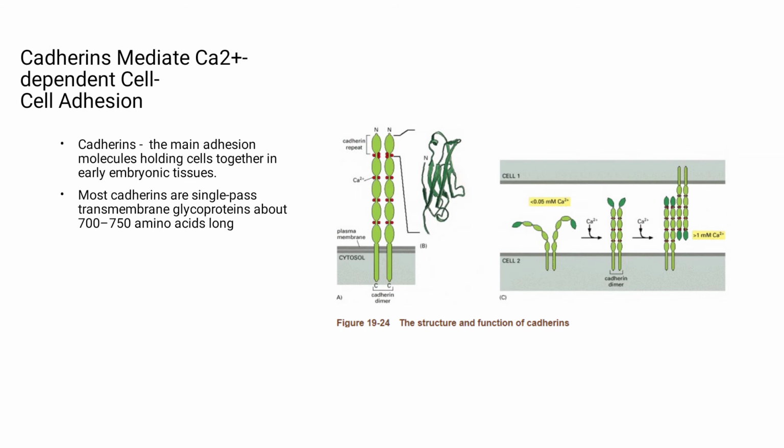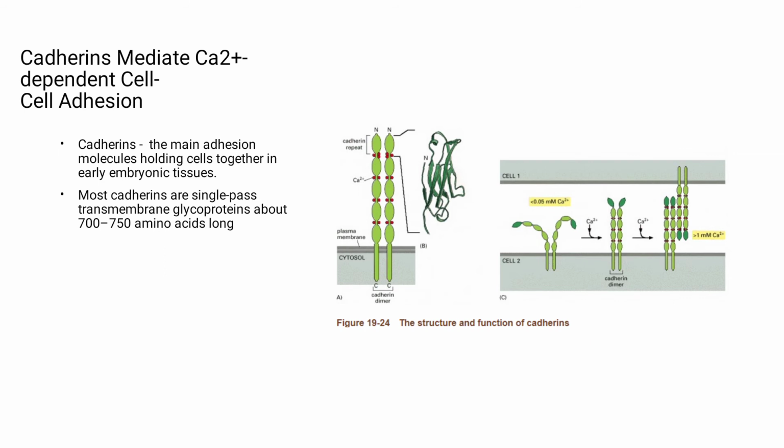There are calcium binding sites between each pair of repeats. In letter B, we have the crystal structure of a single cadherin repeat. It resembles an immunoglobulin domain.